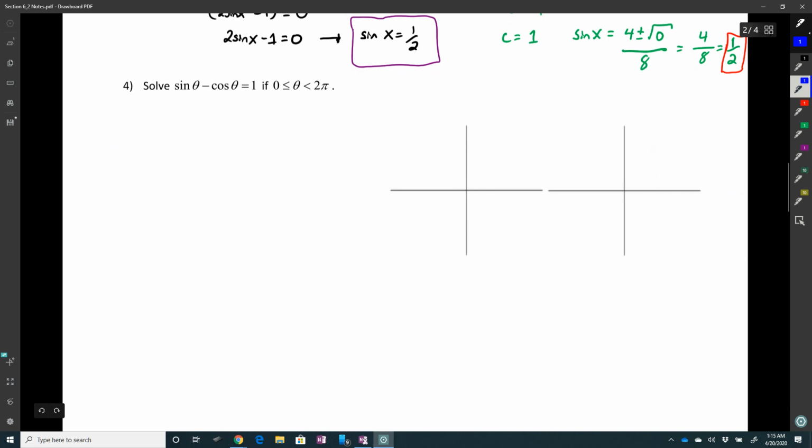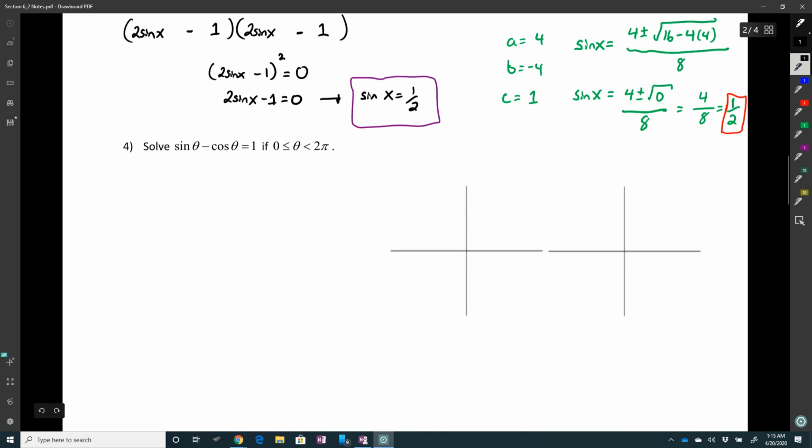Let's keep chugging. So sine theta minus cosine theta equals 1. And we're in radians again. So in this problem, let me rewrite it.